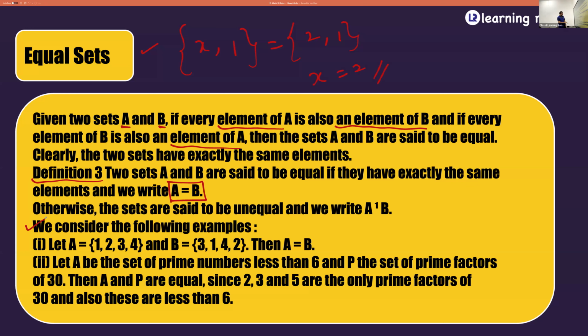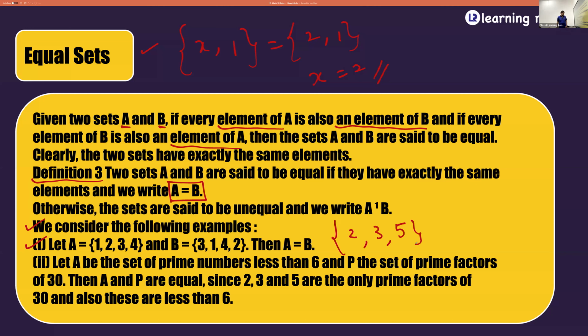So let's consider the following examples. If you take A = {1, 2, 3, 4} and B = {3, 1, 4, 2}, are they equal? Yes, they are. They have the same number of elements and exactly the same elements. Let A be the set of prime numbers less than 6 and P be the set of prime factors of 30. So the set of prime numbers less than 6, what are they? 2, 3, 5.